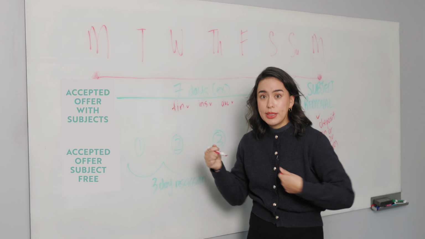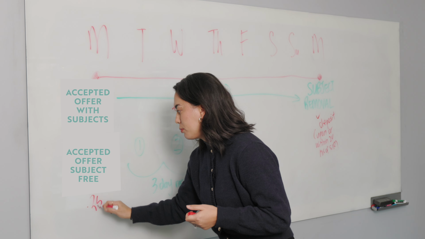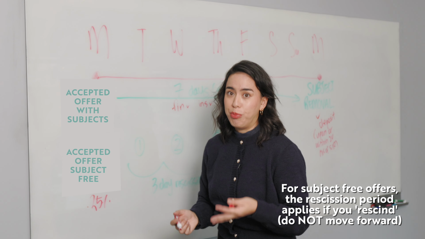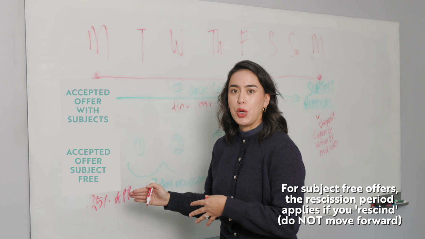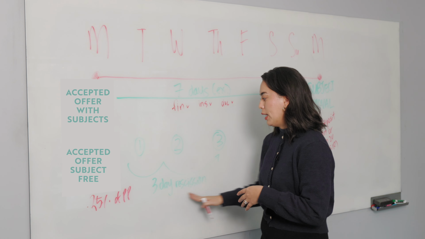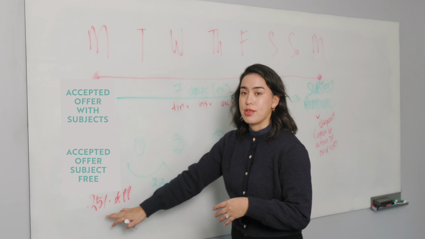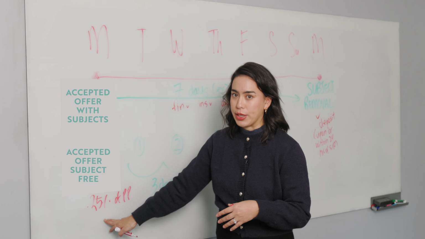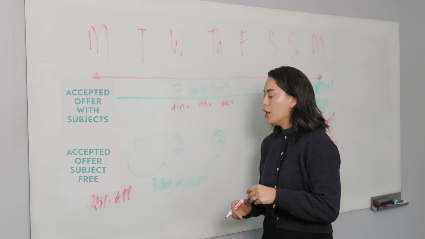Now, big thing with subject free is that there is a penalty of 0.25% of the purchase price if you do not move forward. So if you collapse the deal within the 3-day rescission period, you owe the seller 0.25% of the purchase price. Again, that's another video, but just a quick little note there.